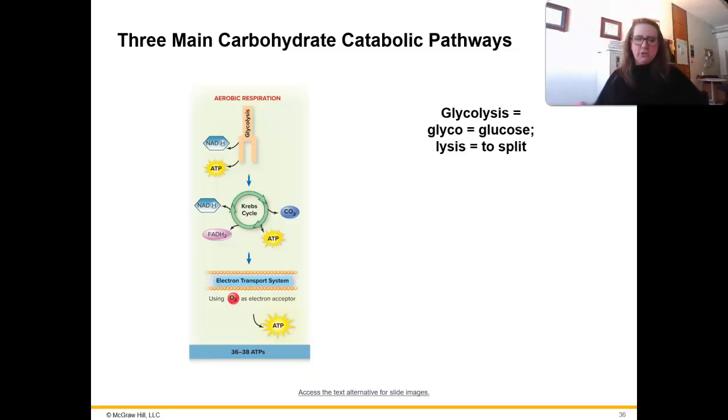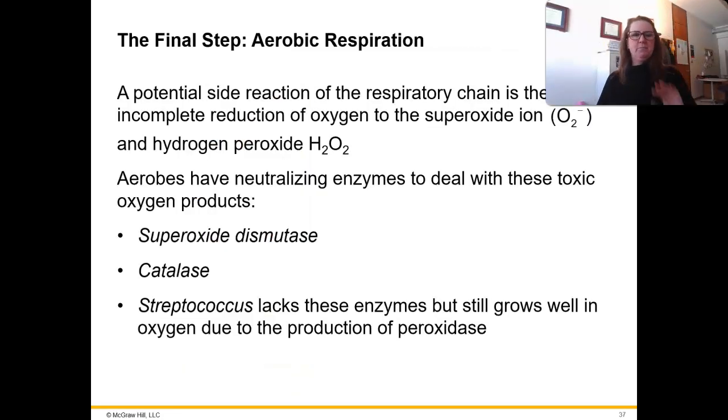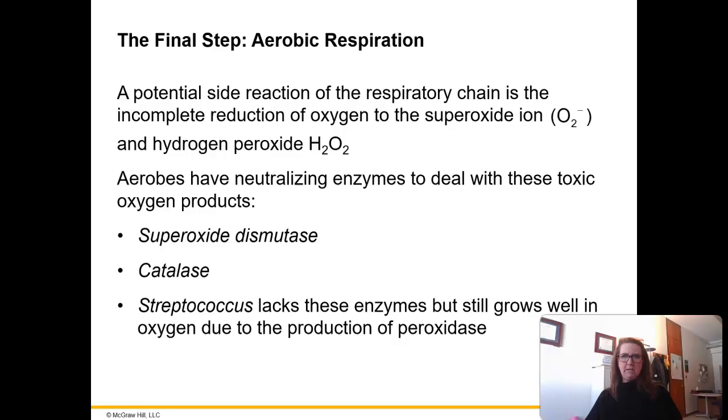Now we want to take a look at the final step of each of these results of carbohydrate catabolism. So the final step in aerobic respiration, as we said earlier, is that the final electron acceptor is going to be oxygen, but there's a potential side reaction that can happen when there's an incomplete reduction of the oxygen.